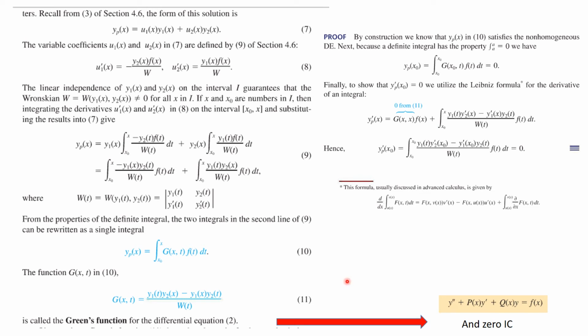But we also know that if we put x to be x0, I'm integrating from x0 to x0, the integral from a to a is always going to be 0. So it gives you 0 for the initial condition at x0.